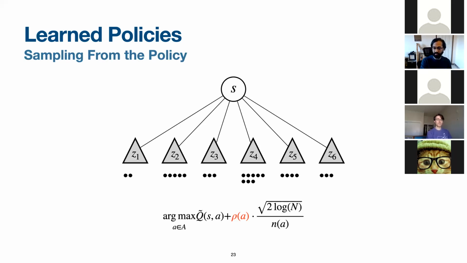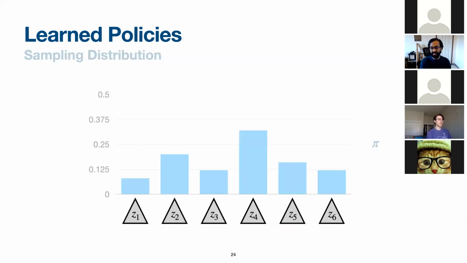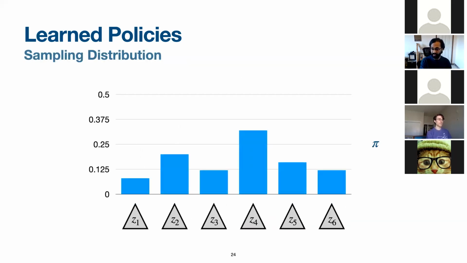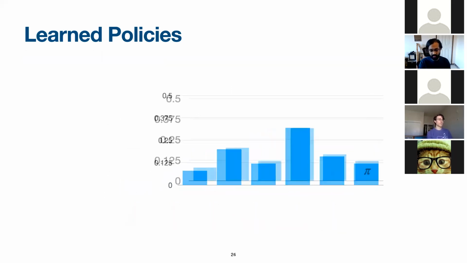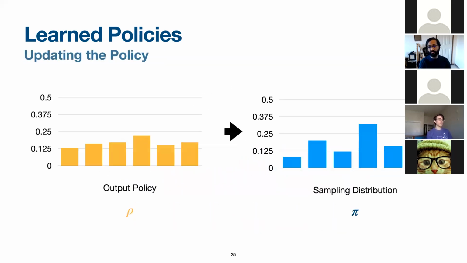Once this search is run, we look at the counts of the samples, and we form a sampling distribution, which we call pi. This pi can be thought of as an improved policy from the one that we've output from the model. And the output policy is then changed so that it more closely resembles the sampling distribution.